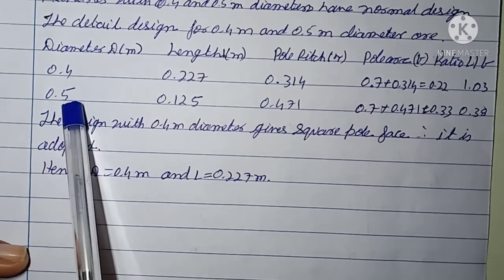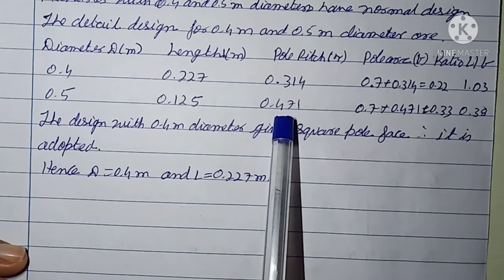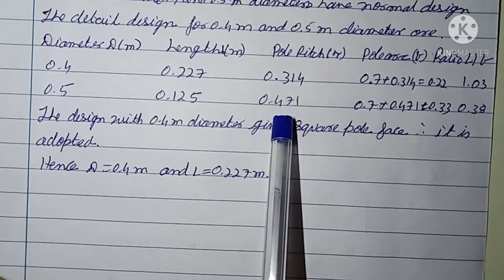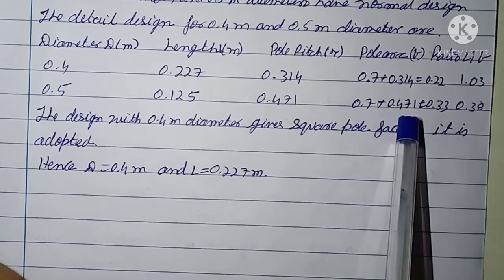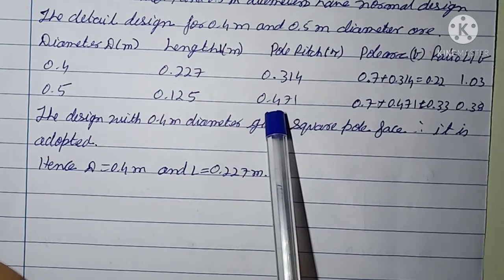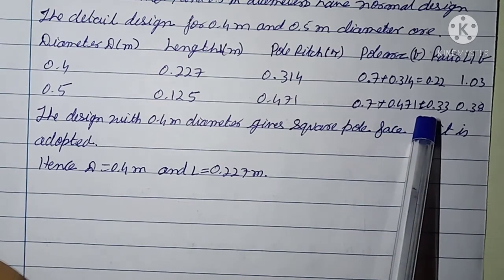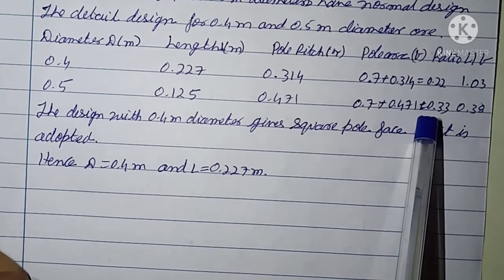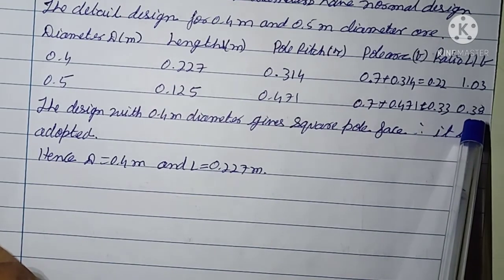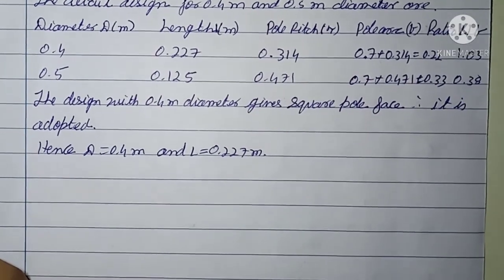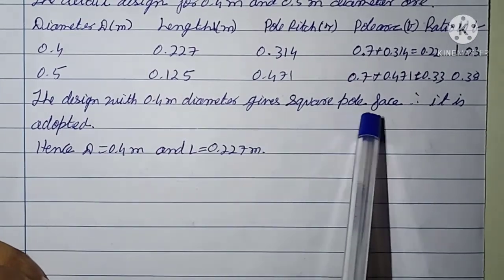Similarly for 0.5 diameter, the length is 0.125 meter, pi d by p gives 0.471, and the pole arc is 0.7 into 0.471, which is approximately 0.33. So L by b is 0.38.